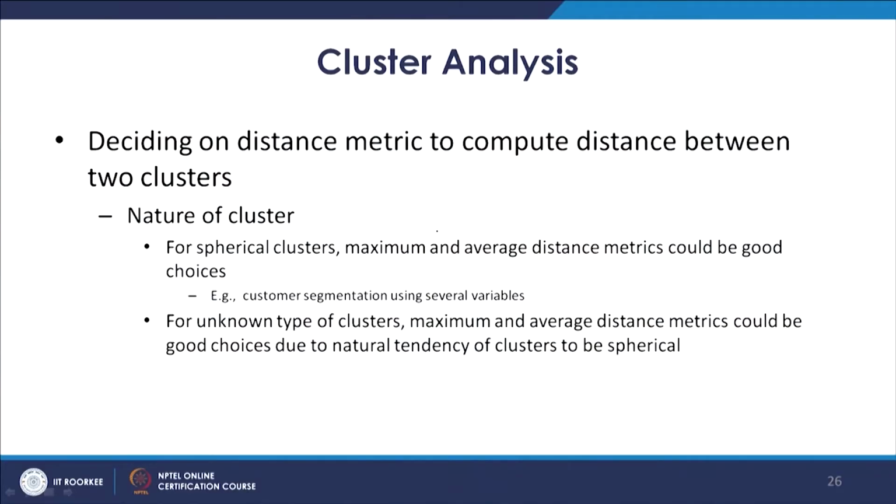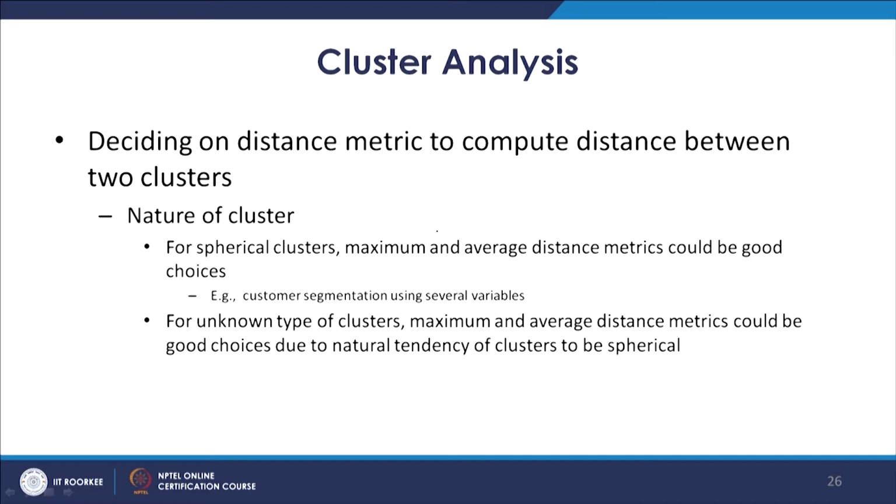There are some other cluster types for which different metrics would be useful. For example, spherical clusters. For spherical clusters, the maximum and average distance metrics could be good choices. For example, customer segmentation using several variables.